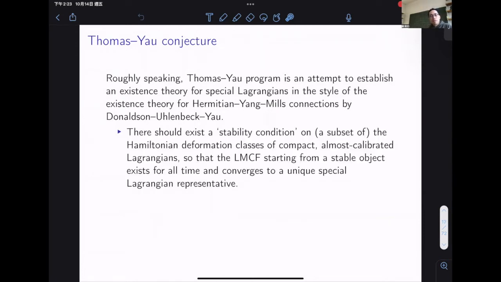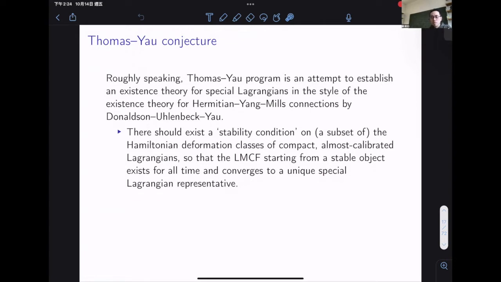So the conjecture is that there should exist a stability condition on the space of Hamiltonian deformation classes such that if you start from a Lagrangian representative of a stable class, then the flow should exist for all time and converge to a unique special Lagrangian representative.